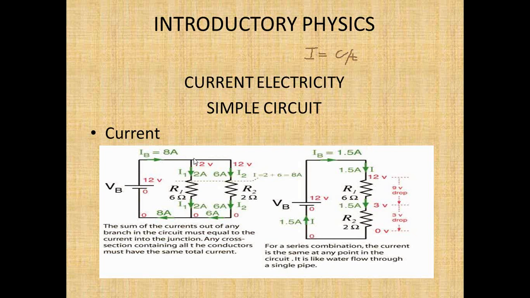When it comes here, it splits to 2 amps, and the current all along here is going to be 2 amps. So 6 amps is going to come here. Everything down here is going to be 6. And then the 6 and 2 are going to combine.